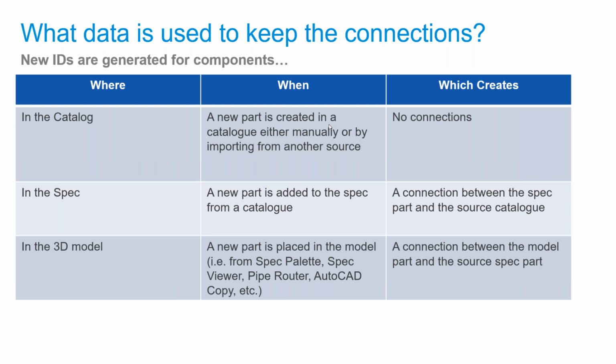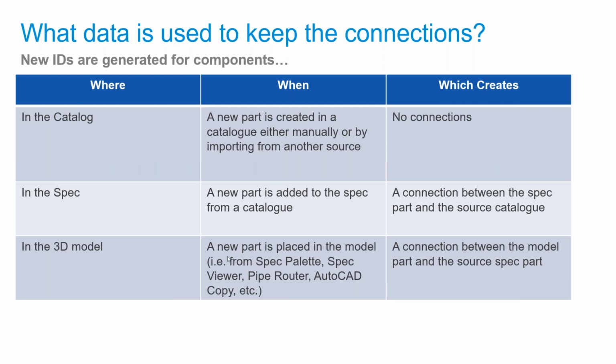If you create a new spec, it will, of course, have a new connection to the catalog family. As you see here on the right side, a connection between the spec part and the source catalog is built at the moment when a new part is added to the spec from the catalog.